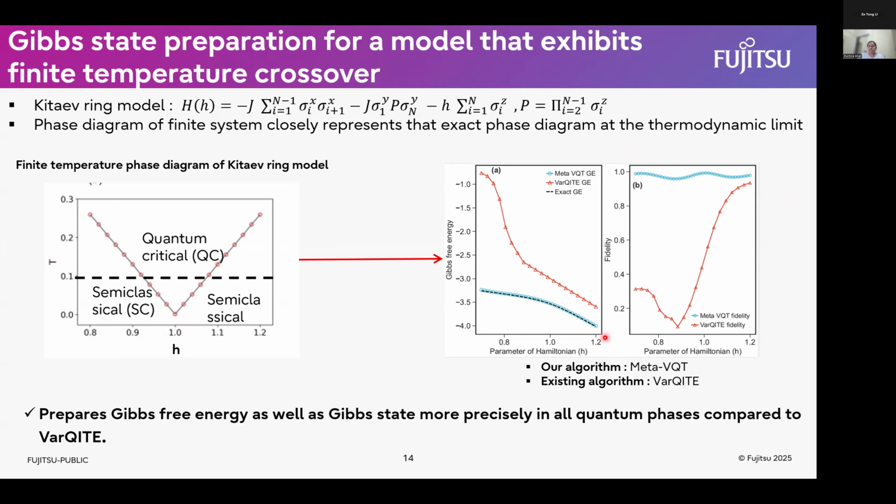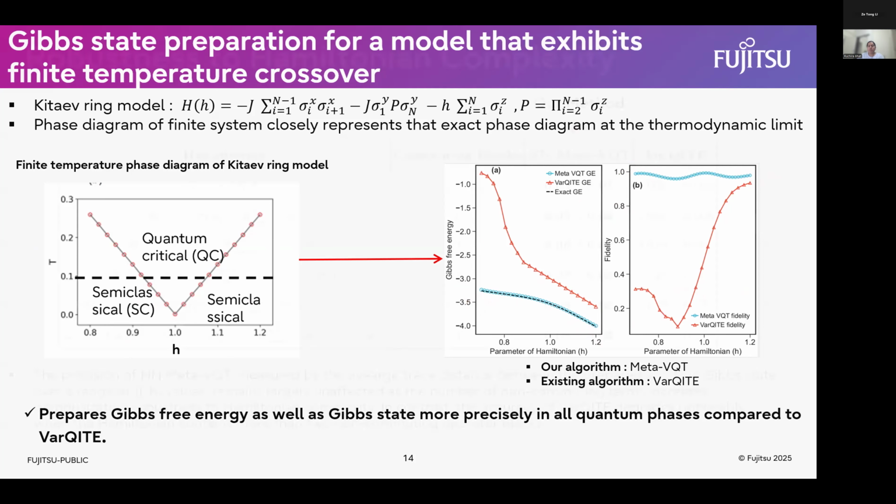What we see is that our method is able to prepare the Gibbs free energy very close to the exact one, which is represented by the dotted lines, and the fidelity also stays very close to 1, unlike the other existing technique, which is the Warkite.